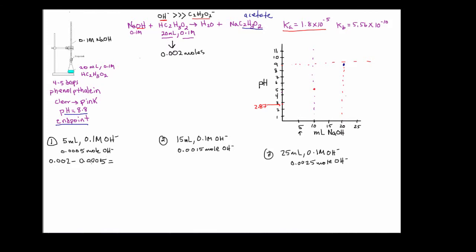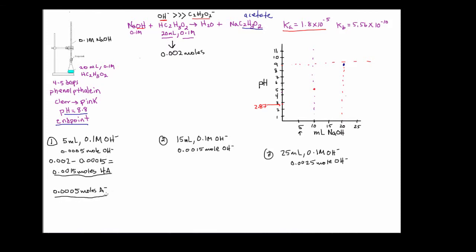After the 0.0005 moles of hydroxide reacts with HA, that's going to leave us with 0.0015 moles of HA. And it will produce 0.0005 moles of A minus.